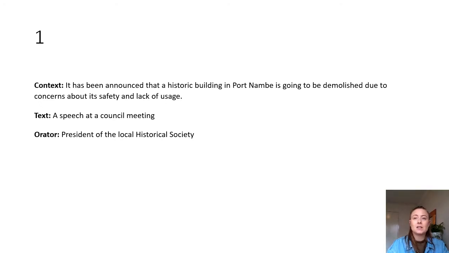It makes sense to me that the contention would be about supporting this building remaining rather than supporting the building having to be demolished.